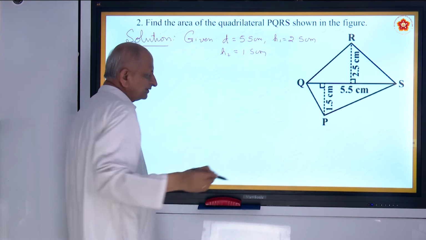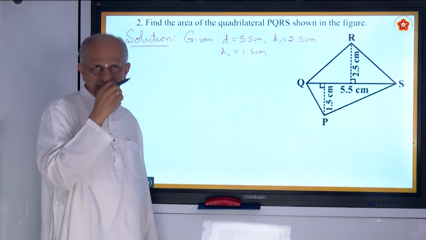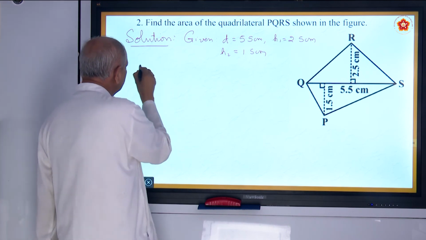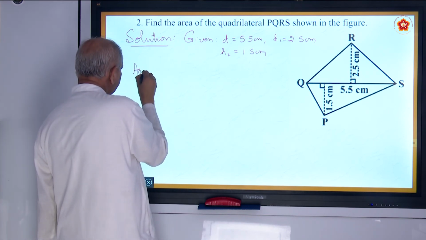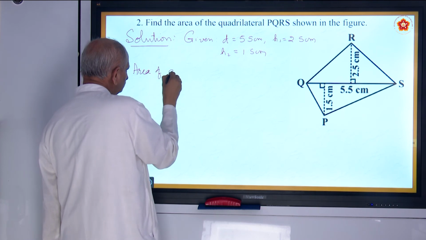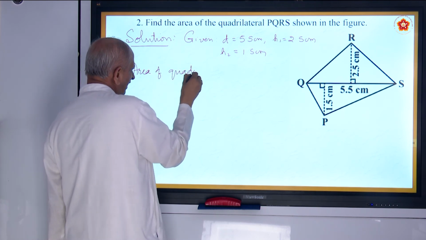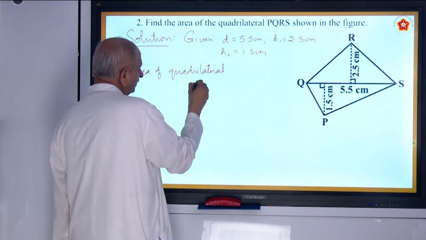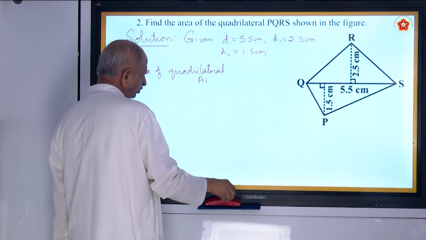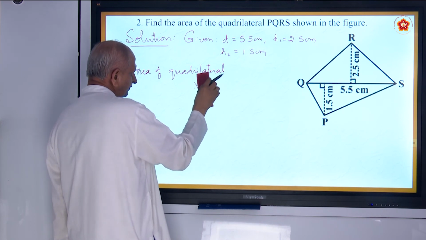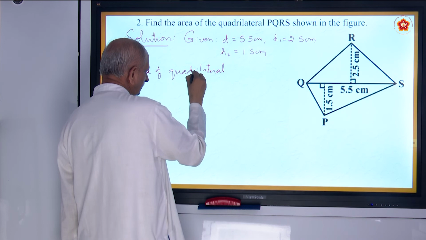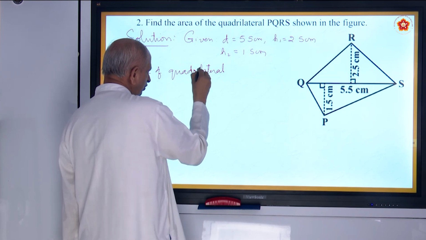Just apply it. Will you do it? Okay. Most of you can do it easily. So what are you writing? Area of quadrilateral PQRS. That was ABCD in the earlier problem. Now it is PQRS, you can give any name, there is no issue.